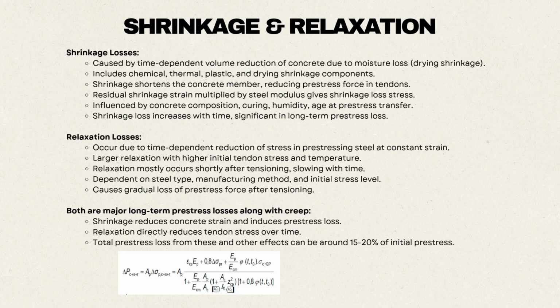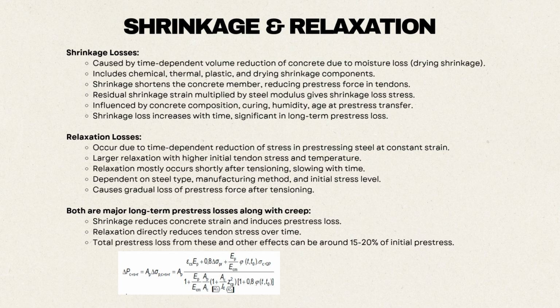Shrinkage and relaxation losses are two significant types of pre-stress losses in pre-stressed concrete. Shrinkage losses occur as the concrete volume reduces over time, mainly due to drying after curing. This shrinkage shortens the concrete member and consequently reduces the tension in the pre-stressing steel.